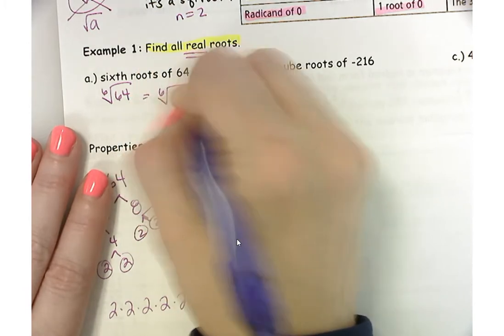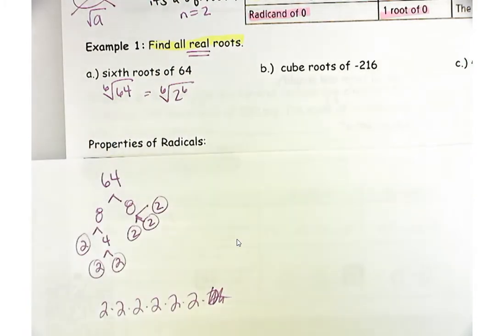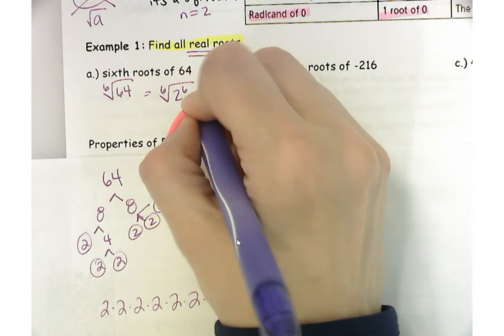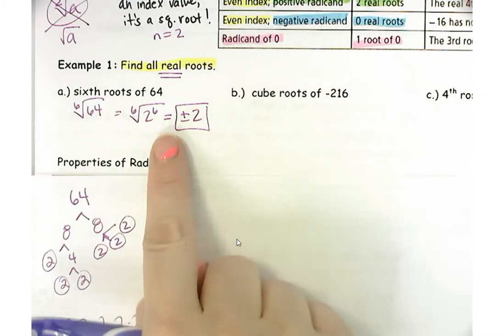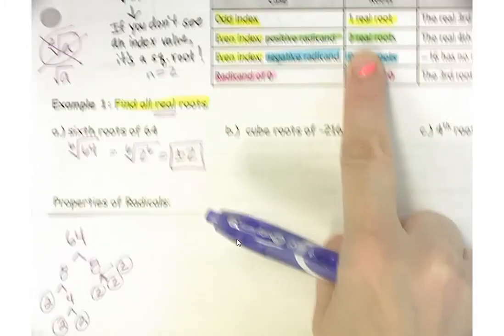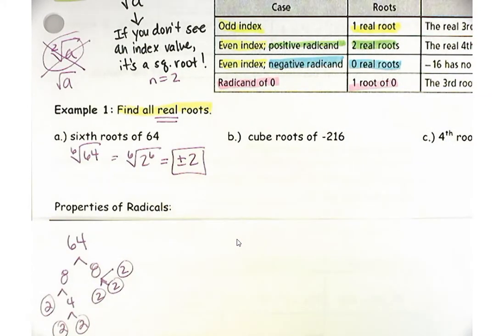Okay, for the cube root of negative 216. If it's an odd index, you're going to keep the sign of the radicand. So if it's a cube root, this is odd. This is negative.